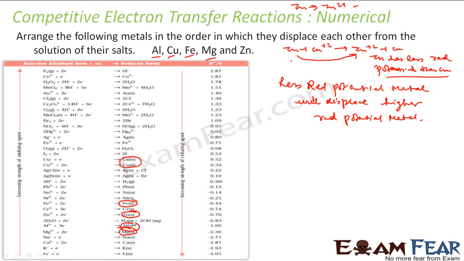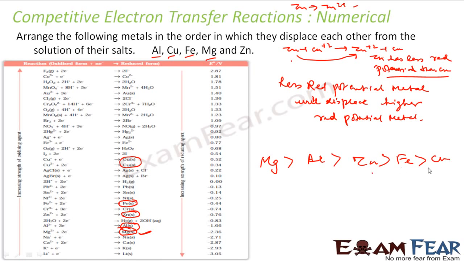That is, this guy can displace all of these guys, right? So the order will be Mg is the first, then we have aluminium, then we have zinc, and then we have iron, and then we have copper.